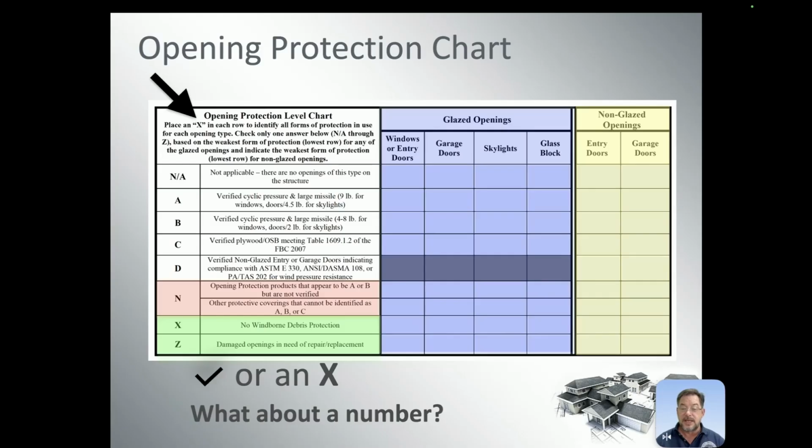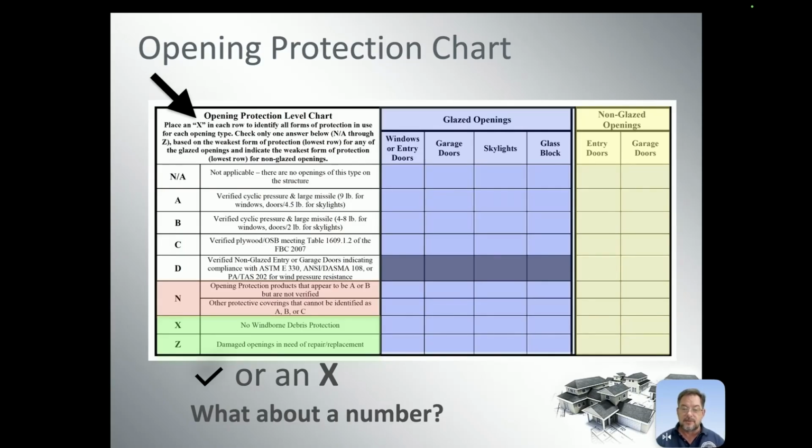The other is an opening protection that cannot be identified as A, B, or C, meaning for some reason you can't identify it, and that would be that row. And if it cannot be identified, but might be, you're going to mark the other row. Ultimately, the difference in the credits is probably going to be exactly the same, but it does give people an idea of what's going on there.